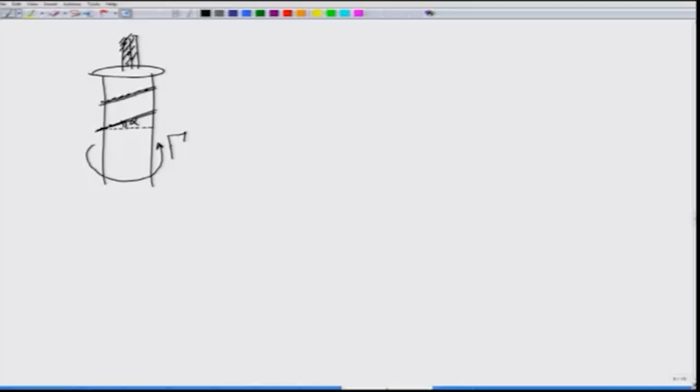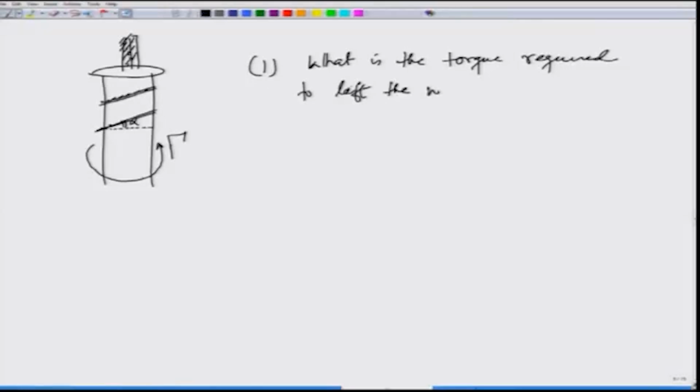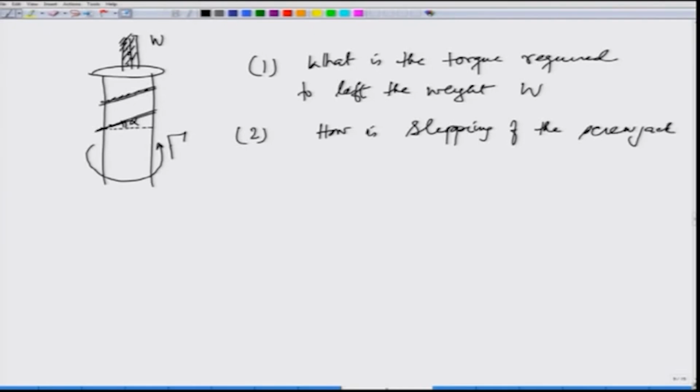We wish to find out, number one, what is the torque required to lift the weight W, and two, how is slipping of the screw jack prevented by friction.